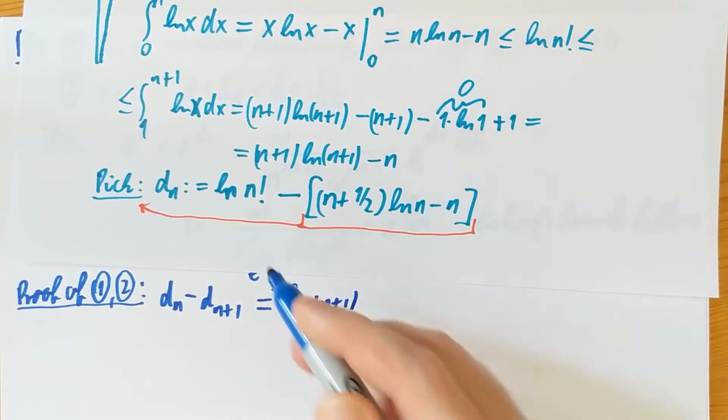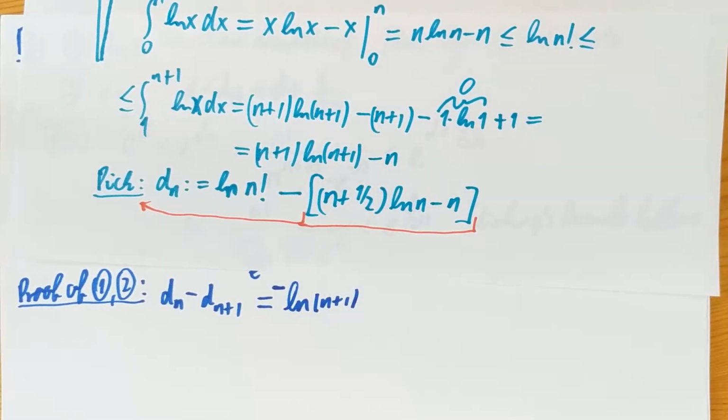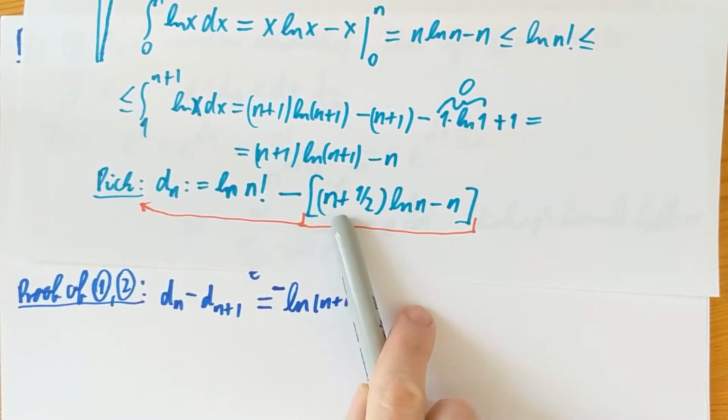That's coming from the log of n factorial when I take it at n plus 1 and subtract it at n. Okay, so this is log of n plus 1 factorial with a minus and the plus log of n factorial.